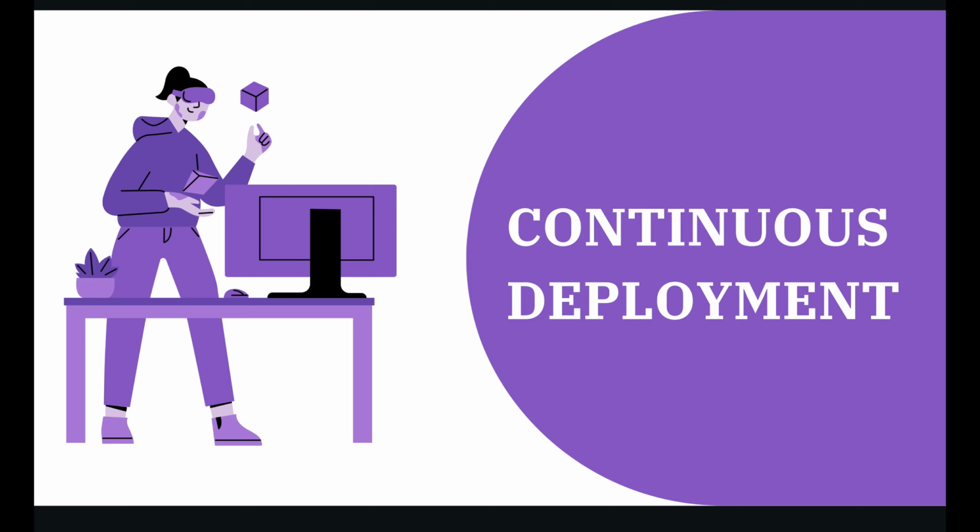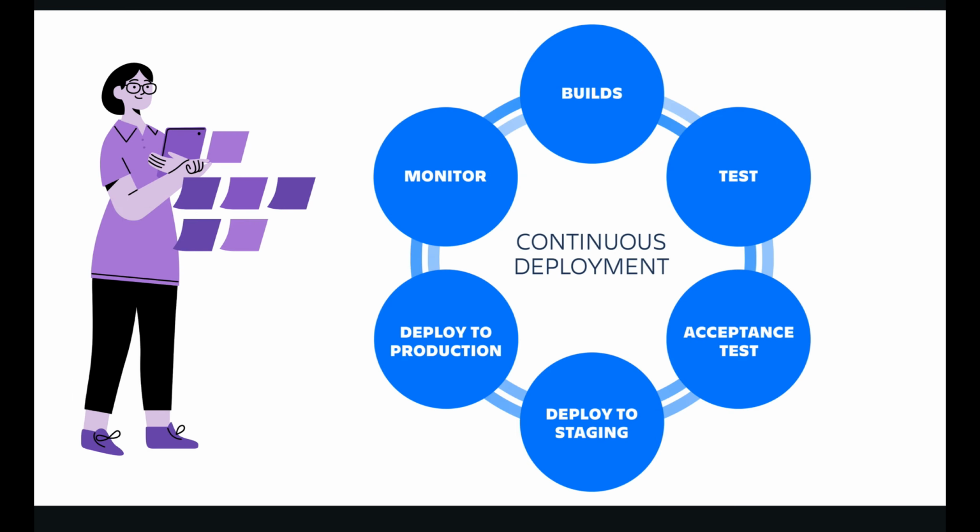So this is the continuous deployment process. With continuous integration we are building our project more frequently, and with CD we are deploying the application. Continuous deployment works on builds, tests, acceptance tests, deploying to stage, deploying to development, and finally deploying to production.